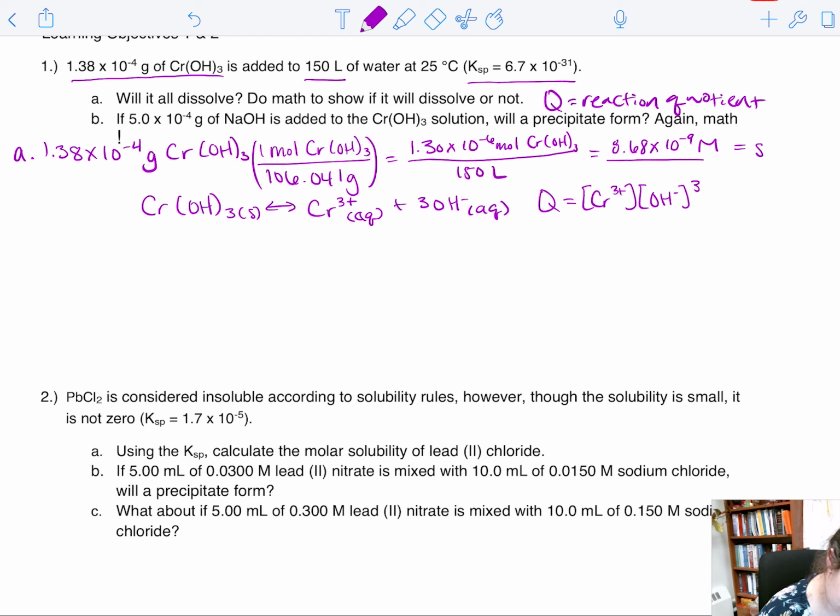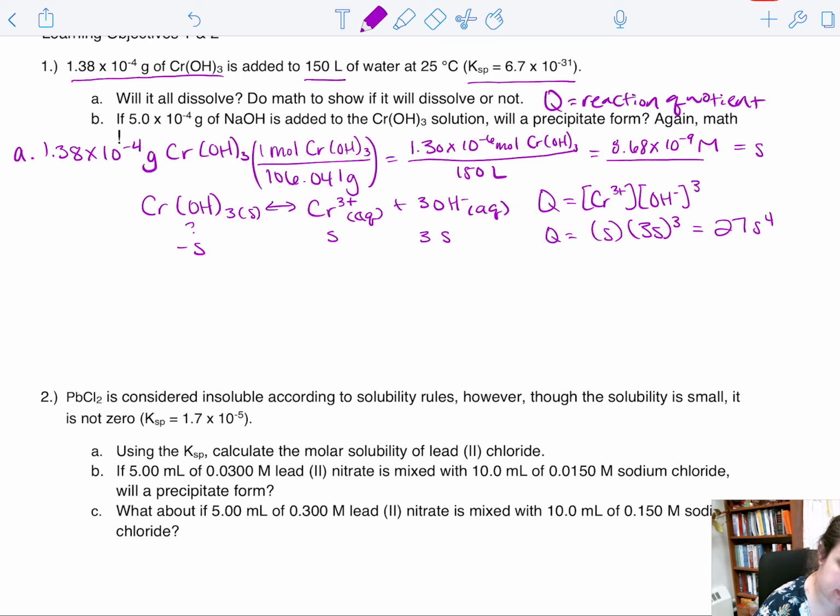Now, if we have a certain amount of our chromium dissolved, which we call S, solubility, this would be an S, this would be 3S. So we could then put those into our Q expression, and we get Q is equal to S times 3S cubed. So Q would be equal to 27S to the 4th.